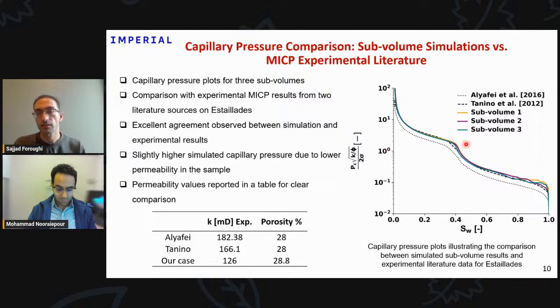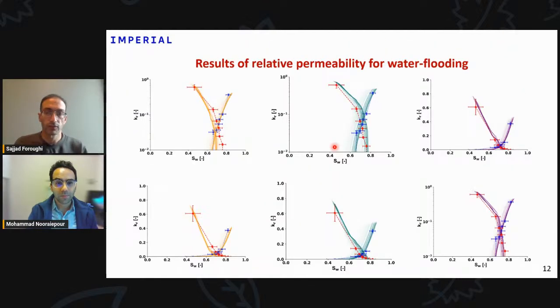So here is the MICP capillary pressure from the literature data for Estaillades, and here is also the capillary pressure from the multi-scale model. You can see that the model is able to match the MICP result very well for all three subvolumes, and this shows the potential of the model for two-phase flow.